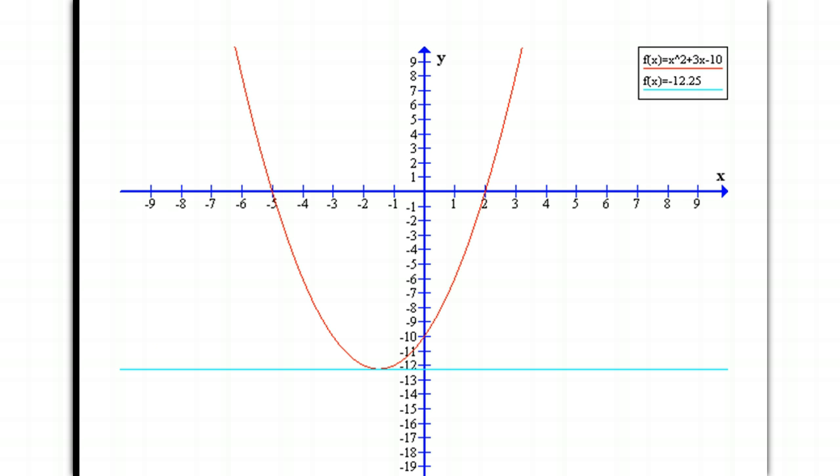Okay, here's the visual for that, and it's saying if f of x equals x squared plus 3x minus 10, then we need to find some values on this curve such that the y values are the same. Now I said x-intercepts because that's the easiest way to do it. Because if you can find your x-intercepts, you know the y values are the same. And then you can find the slope right here.